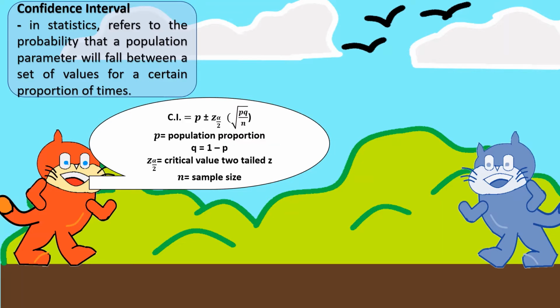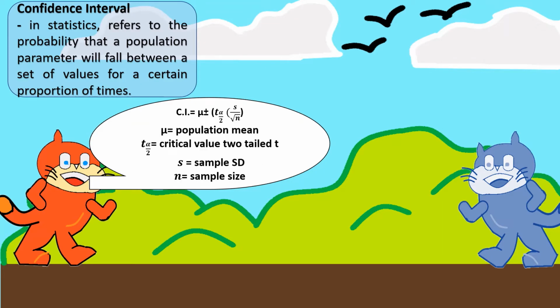Or we have here our point estimate is the population proportion. So our confidence interval is P plus minus the critical value of 2 tail z times the square root of P and Q, where Q is 1 minus P, all over the sample size.